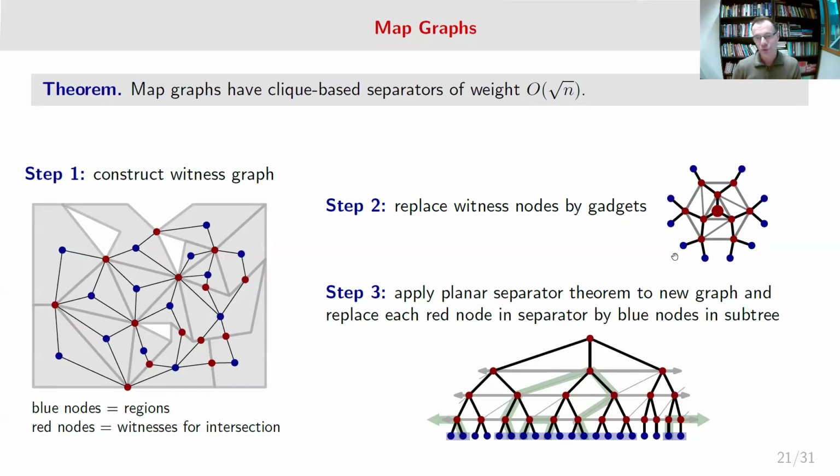So putting this clique into the separator, if you look at the planar separator that you get, will cost you log n, because you have to go all the way to the center of this thing.